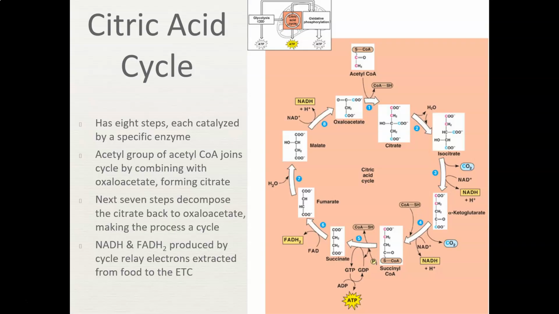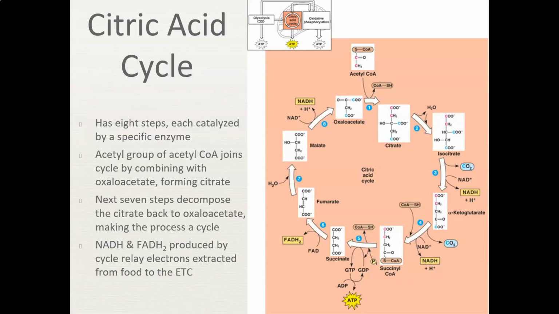That all being said, you should be able to realize that each step is catalyzed by its own enzyme. So enzymes are going to be a huge important component of this cycle. And again, that citrate probably is a good thing to know that that is, in fact, the first molecule that gets produced, because that's where the name of the cycle comes from.